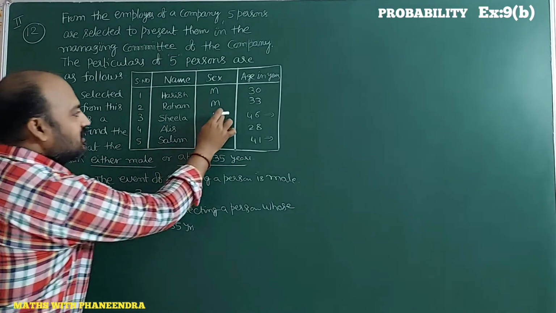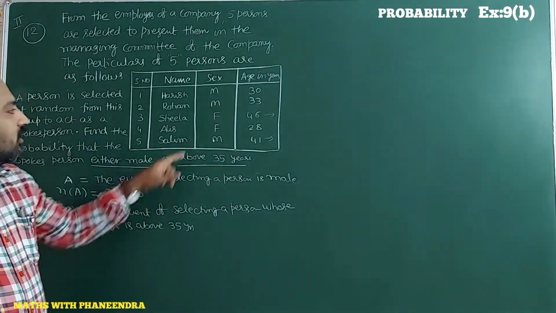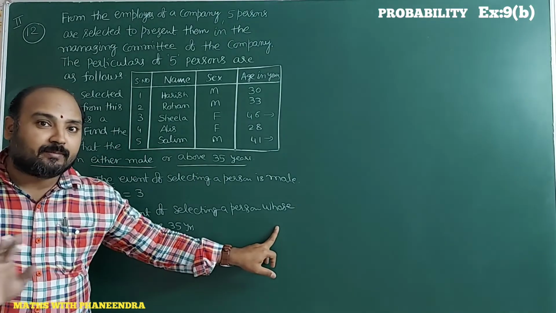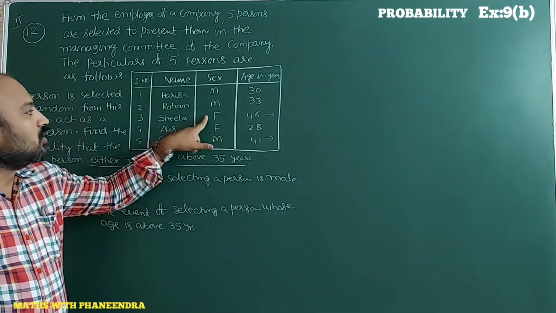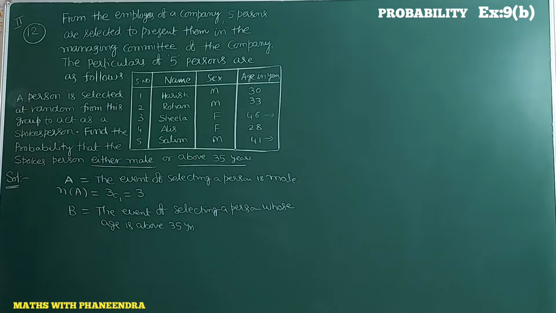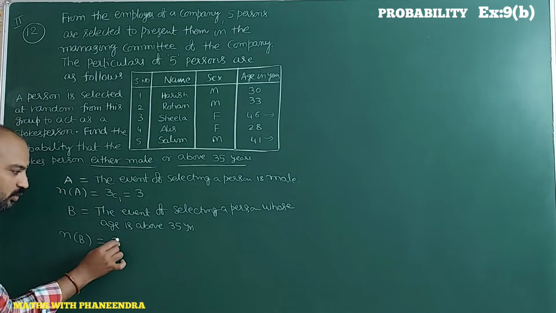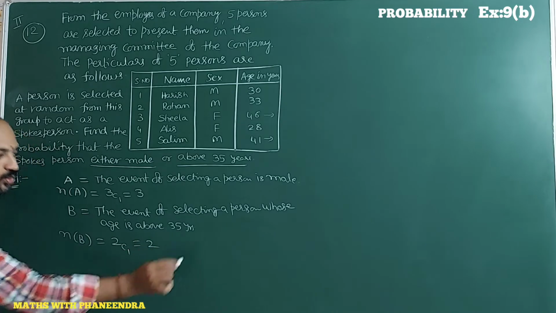So how many persons are there? Sheila and Salim. Here only persons, they are not mentioning male or female. So Sheila and Salim, so two persons are there. N of B is equal to 2C1, which is equal to 2.